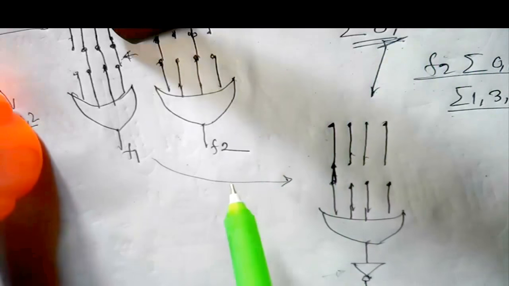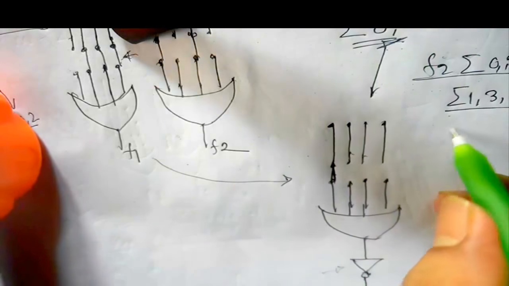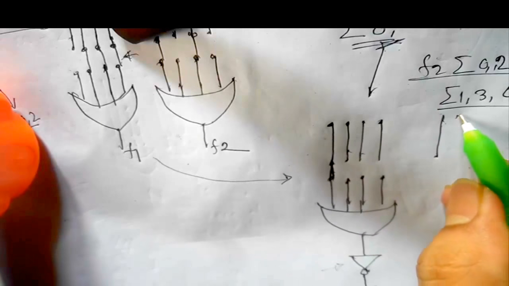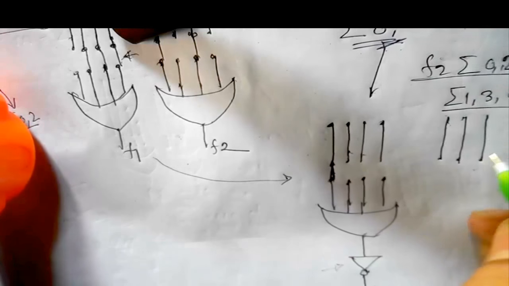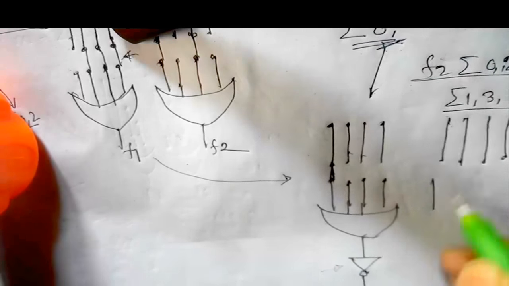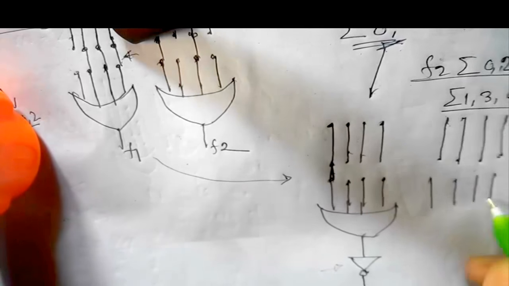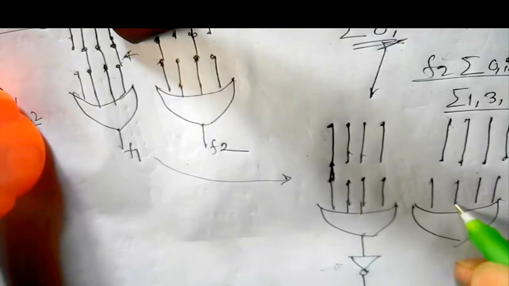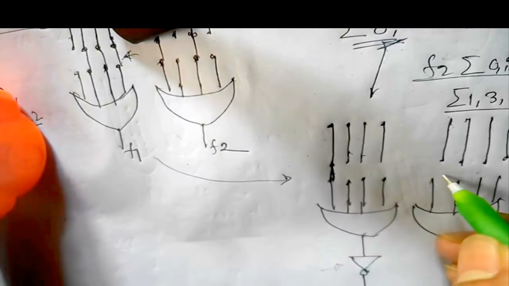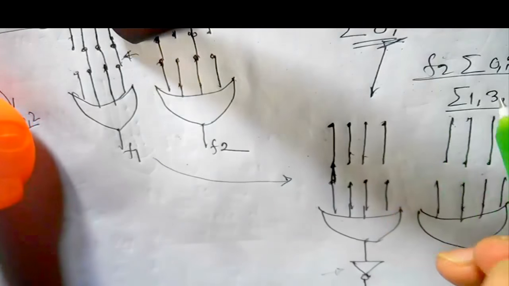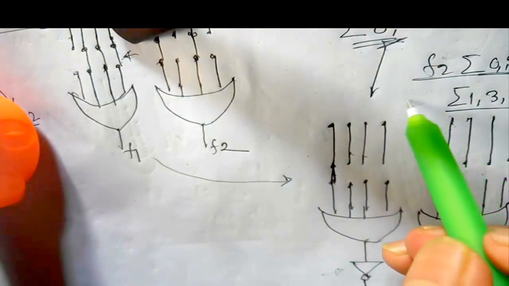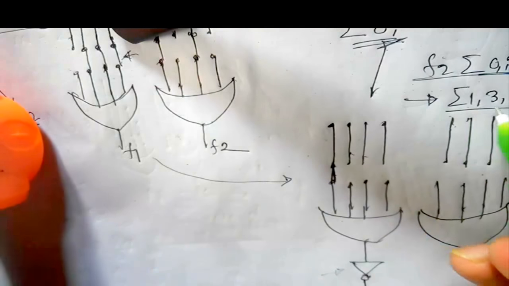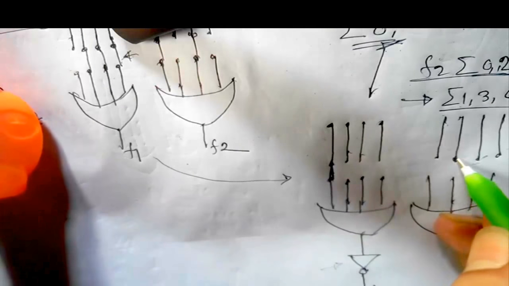Whenever we see F2, as it was 0, 2, the invert implementation is 1, 3.